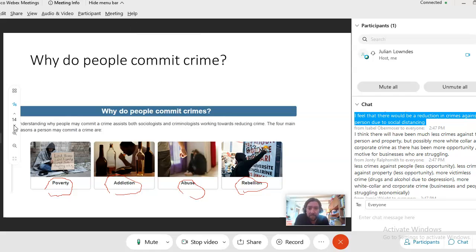Okay, so here are some ideas on why people commit crimes. This is a big contestable idea. Here are some key aspects that are covered in various literature in sociology and other social sciences, and probably you can see within government policies as well.